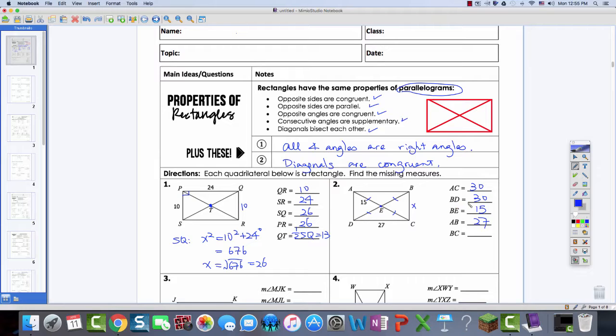The hypotenuse BD is 30. So 30 squared should equal 27 squared plus X squared. And let me see. That would be, I think, 171 equals X squared, and it's approximately 13.1 if you use your calculators.